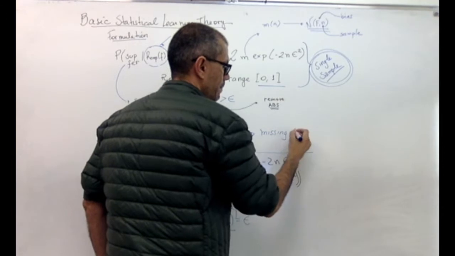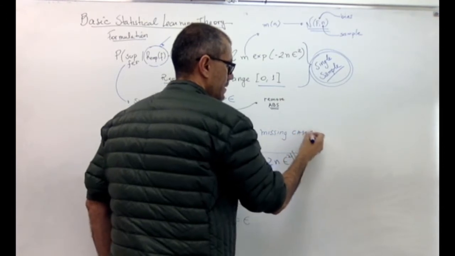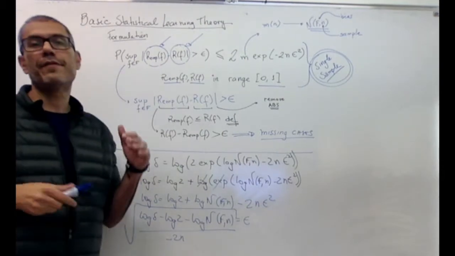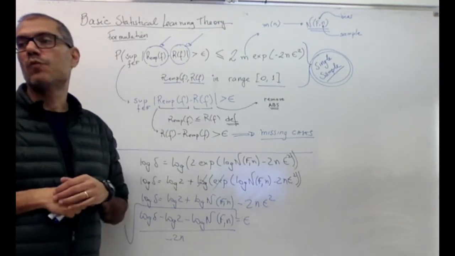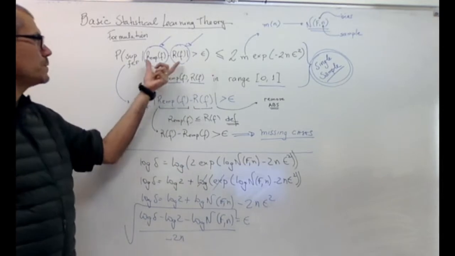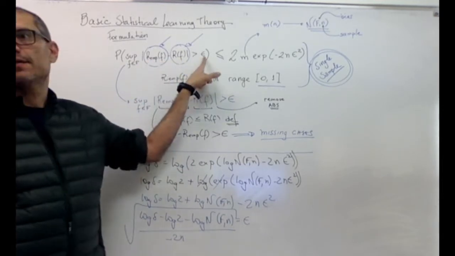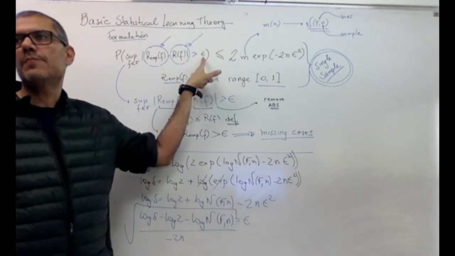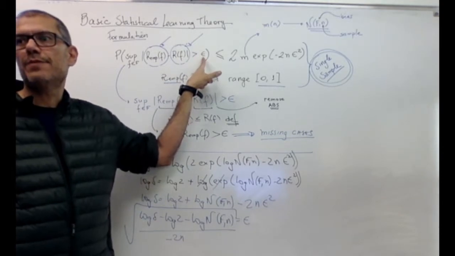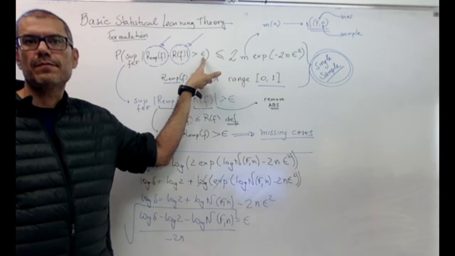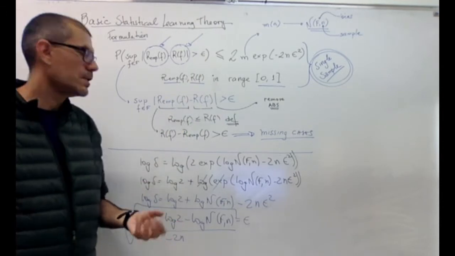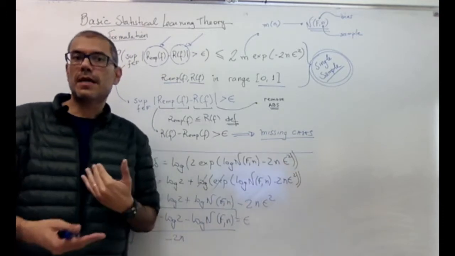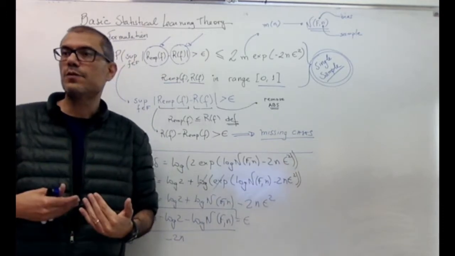What I mean by missing cases are the situations where our classifier didn't work, when it somehow surpassed that bound, that epsilon limit, that threshold.